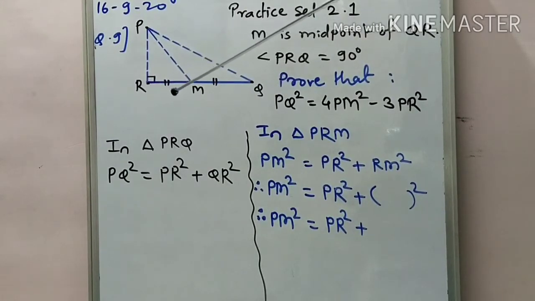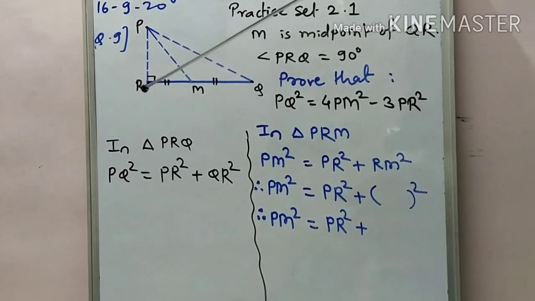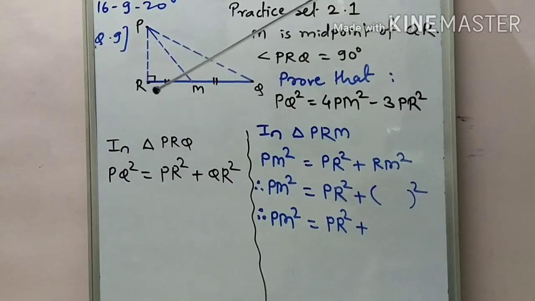Because M is given as the midpoint of QR, M divides QR into two equal parts, RM and MQ, RM equals MQ, and each part is half of QR. Getting this?